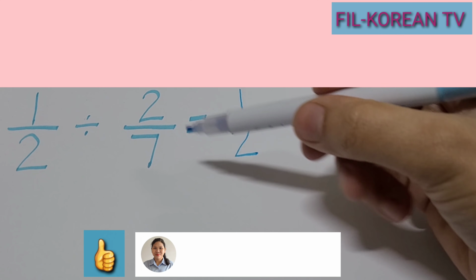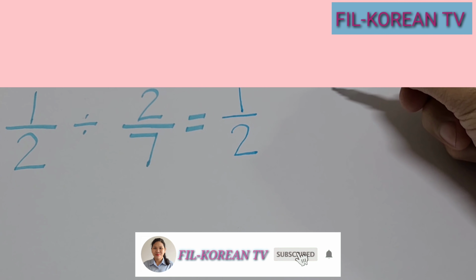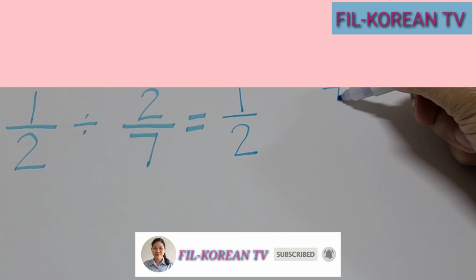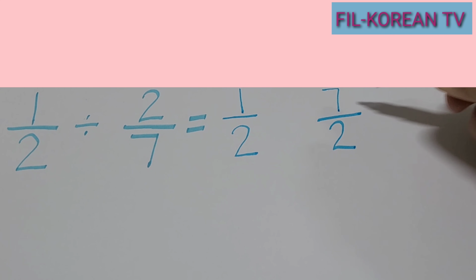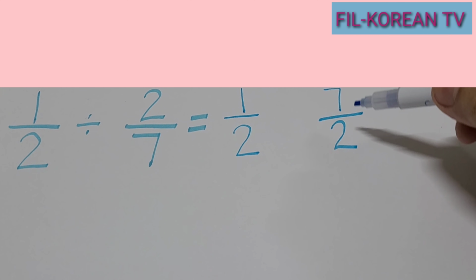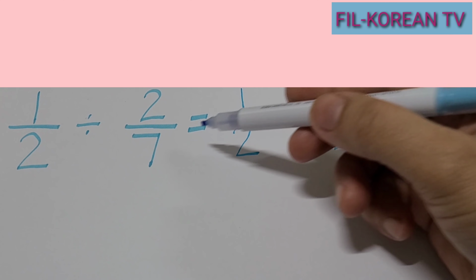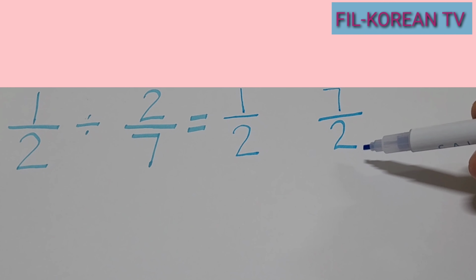Okay. Then, the reciprocal of 2/7 is 7/2. Because, when we multiply 2/7 by 7/2, the answer is 1.